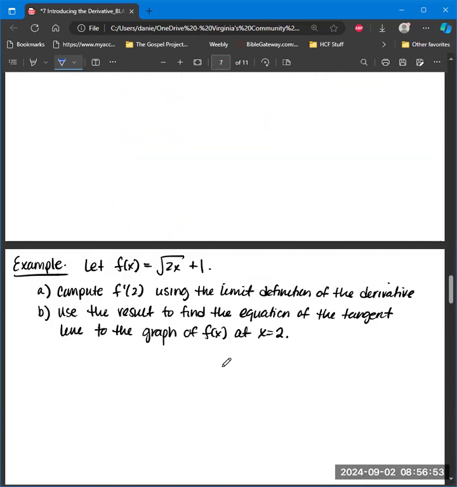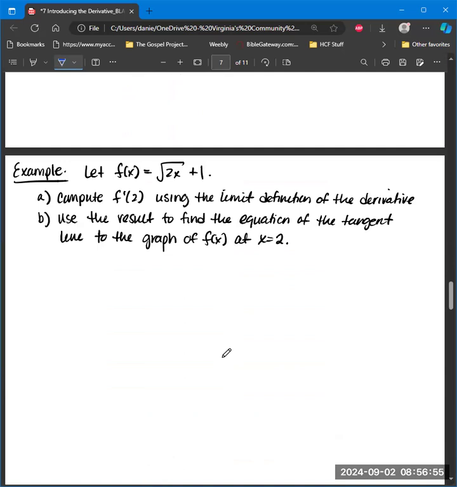Let's look at some examples here where we're going to be given a values. So let f of x be equal to the square root of 2x plus 1. And we're told to compute f prime of 2. There's our a value. A equals 2. And we're going to use the limit definition of the derivative. So f prime of a is going to be, take your pick here.